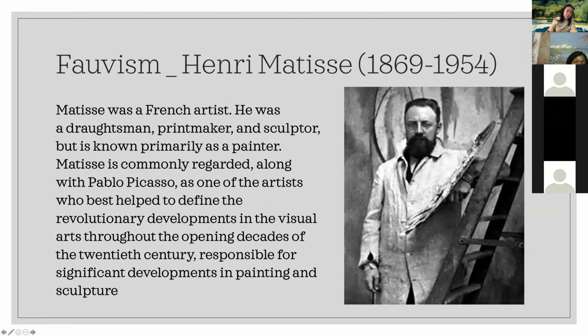So Henri Matisse was a French artist. He was a draftsman, printmaker, and sculptor, but he's known primarily as a painter. Matisse is commonly regarded, along with Pablo Picasso, as one of the artists who best helped to define the revolutionary developments in the visual arts throughout the opening decades of the 20th century, responsible for significant developments in painting and sculpture.